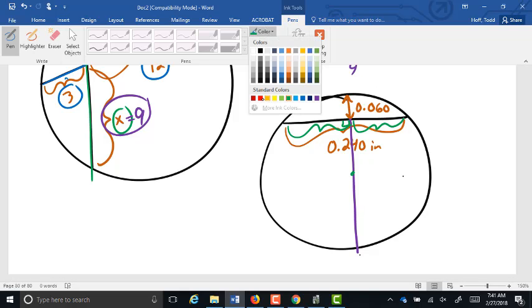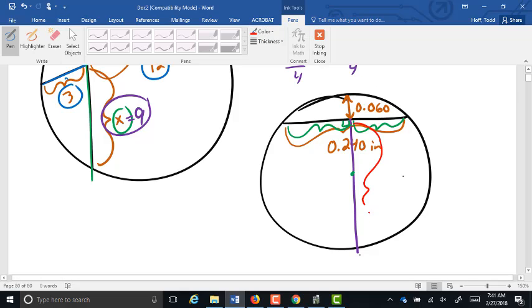So if I call this length here x, what do I know about this length here? It's 120. Where did I get 120 for that? Because it has to cut that in half. The radius going perpendicular to that chord has to cut it in half.